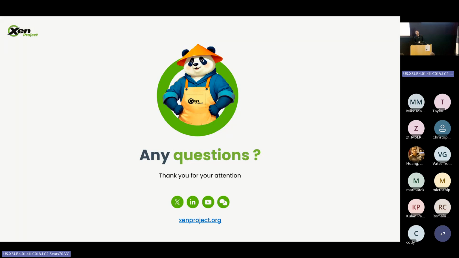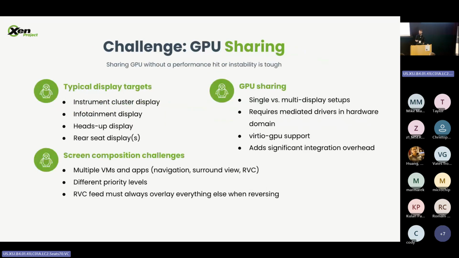Can you come again, please? There is one page you mentioned. Okay, can you go back to the GPU one? Yeah, sure. As you mentioned, you probably face some challenges about the graphics composition. Would you mind sharing some details?